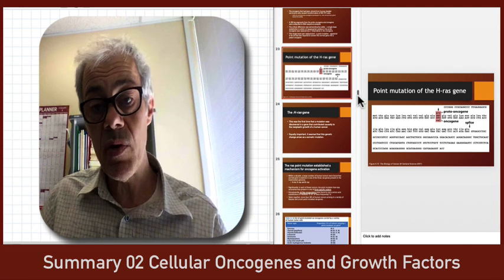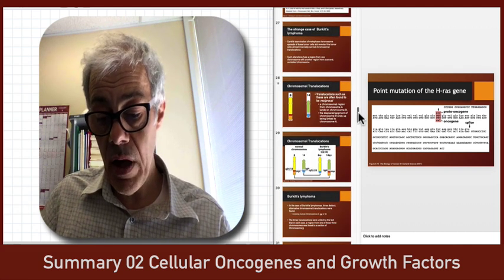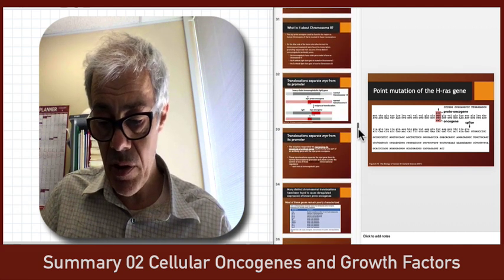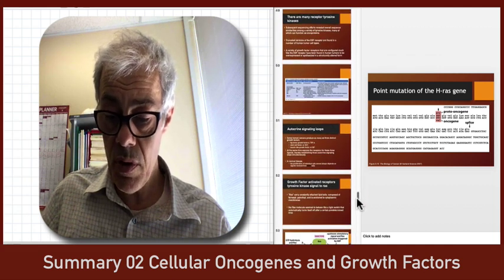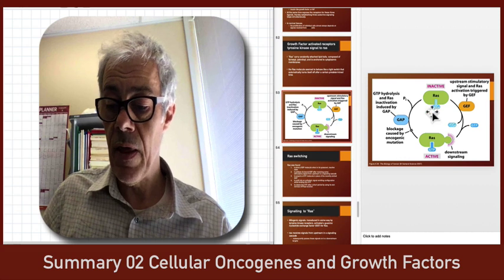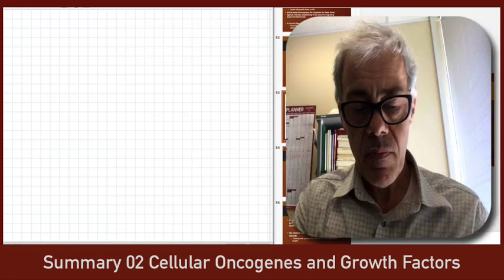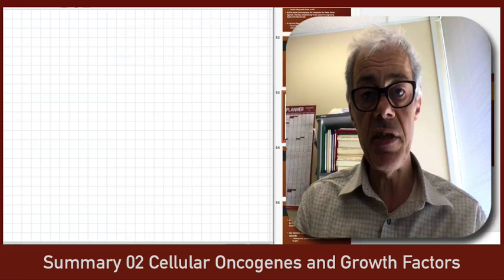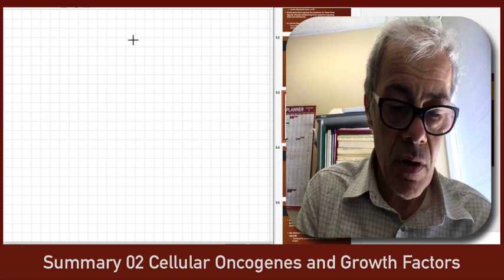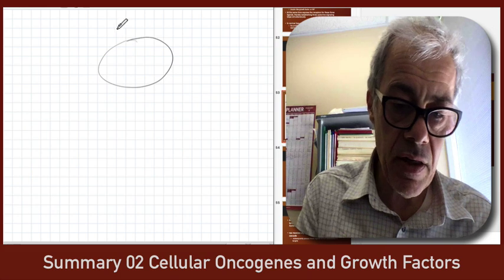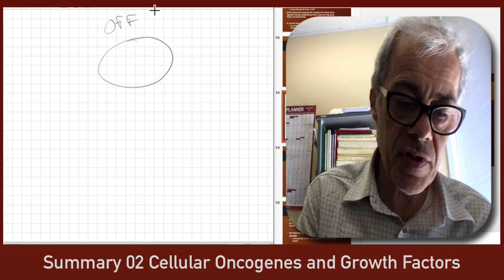Now, why is that important? Let me skip some of this material whilst it's fresh in my mind, and jump to this one here. Why is a mutation in a GTPase important for an oncoprotein? So you've got RAS, it's in the off state.